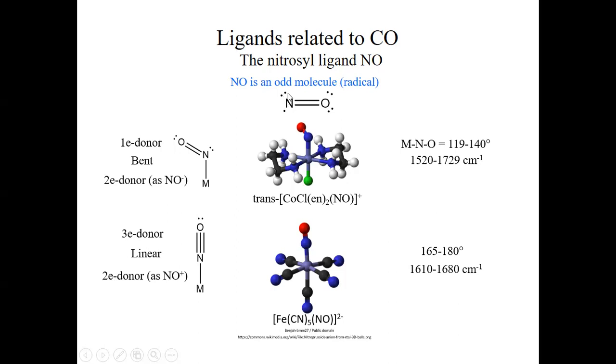We have only this electron lone pair here, and the NO plus ligand would utilize this electron lone pair in order to bind linearly to a metal. Okay, so we could also ask, well, why can a neutral NO not be a 2 electron donor?